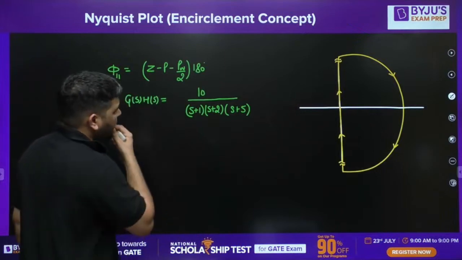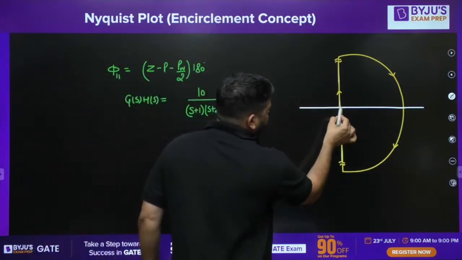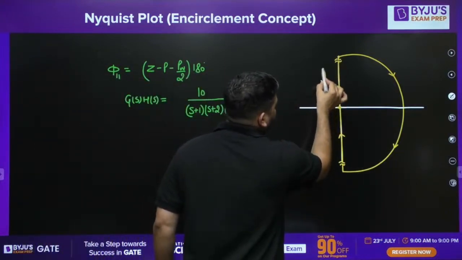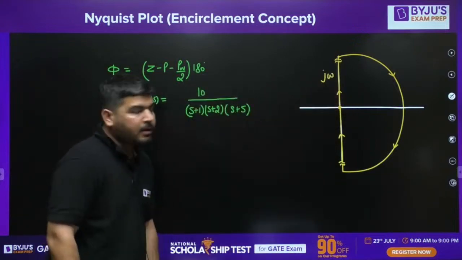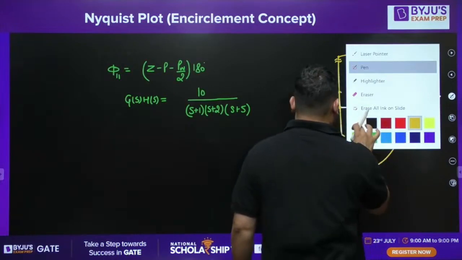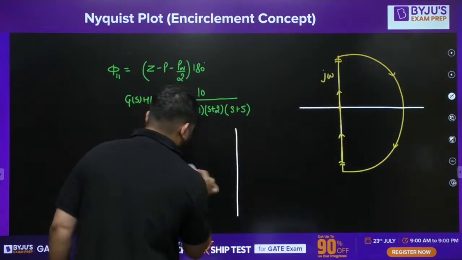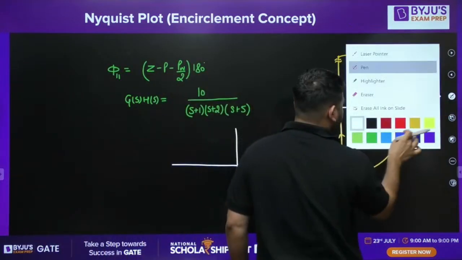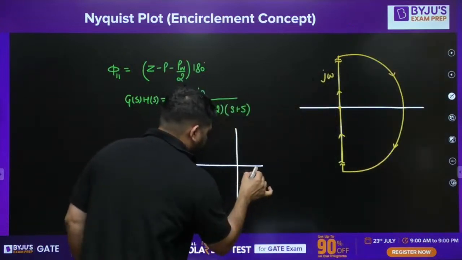Now you can see, if I map only this j omega part, then the contour will look like this. Let me map the j omega part only.